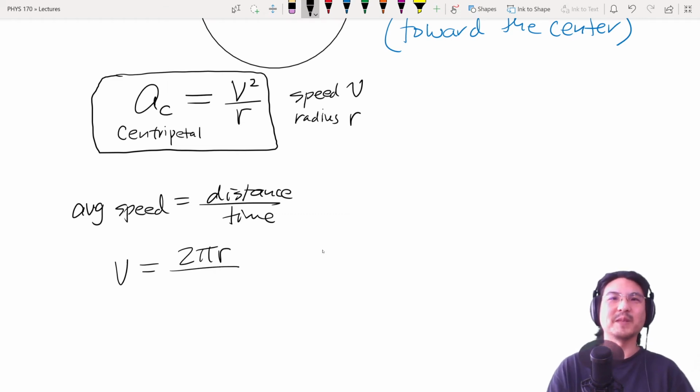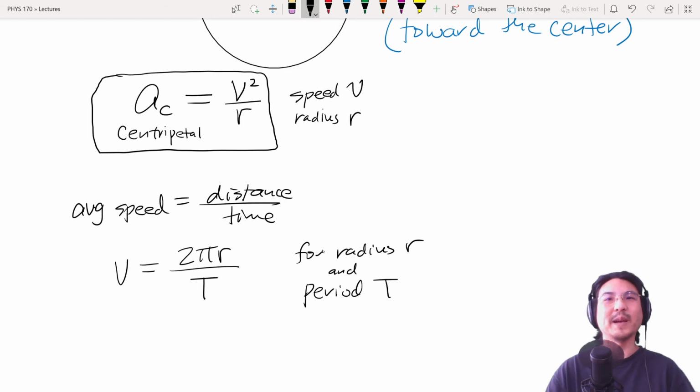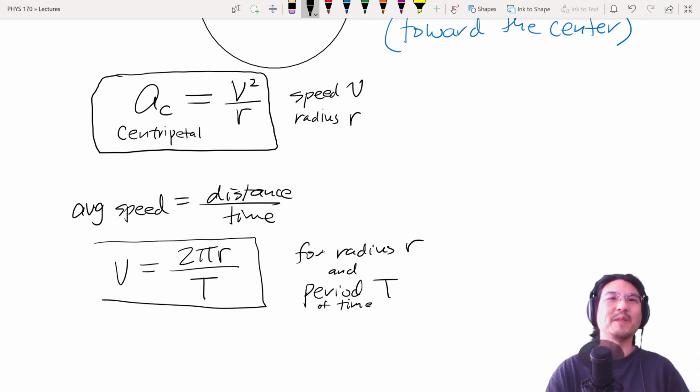And the time, I'll just call time t. So for radius r and period t, the period of time it takes to go around the circle. Right, so this is specifically for a circle.